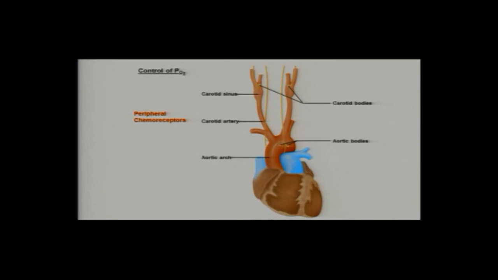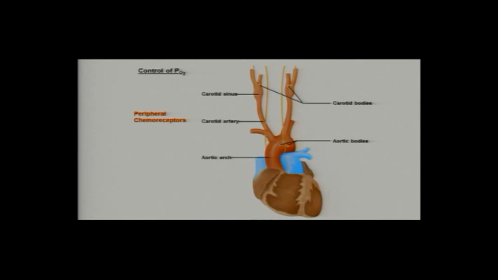The receptors in the body that can sense these things are called chemoreceptors. We have two sets: peripheral chemoreceptors and central chemoreceptors. The peripheral chemoreceptors are located in two key places, near the aortic arch and at the carotid sinus.